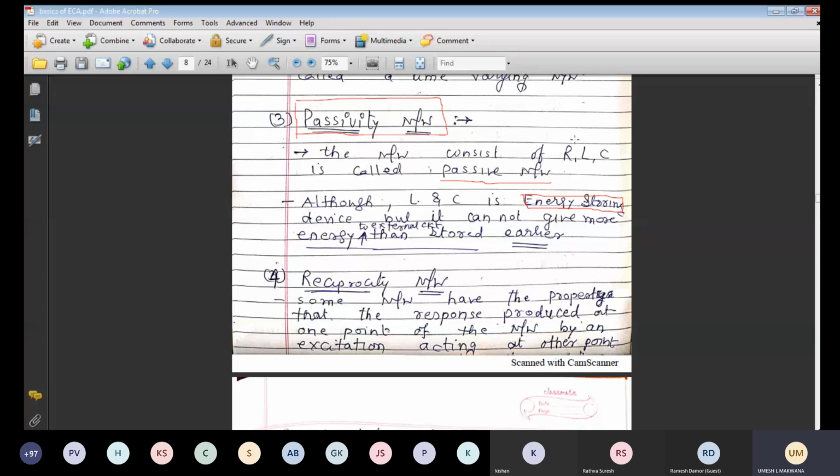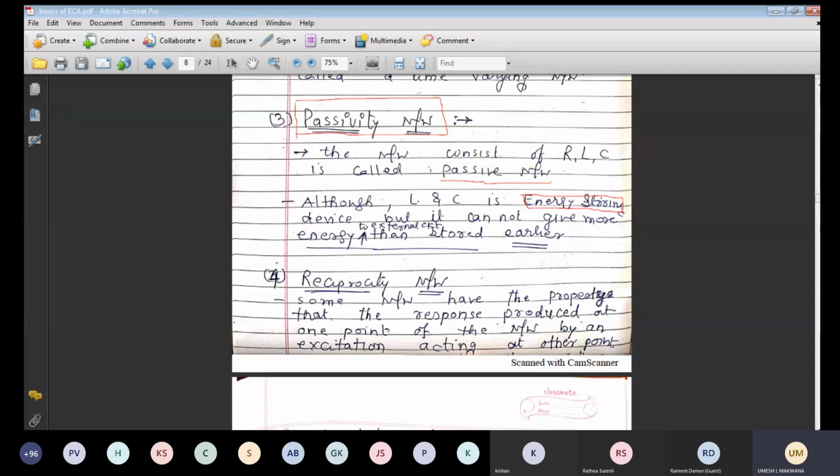In an active circuit, we have components as well as a source. If a source is connected to the circuit, it is known as active. If a source is not connected, it is known as a passive circuit. In the case of inductor and capacitor, we have some energy stored.